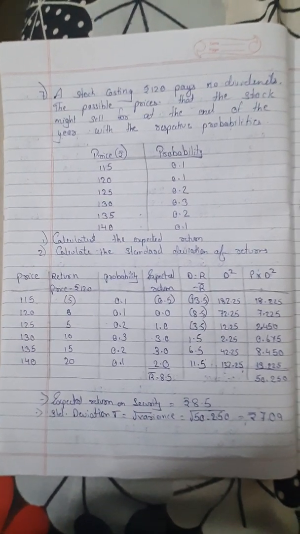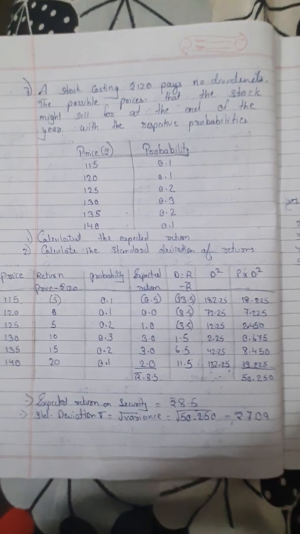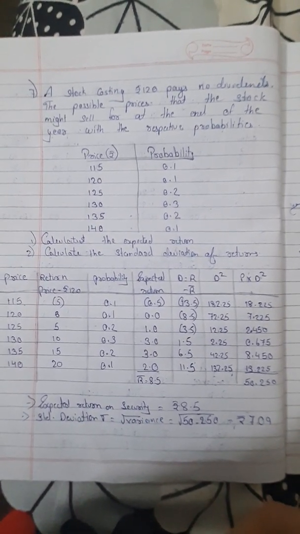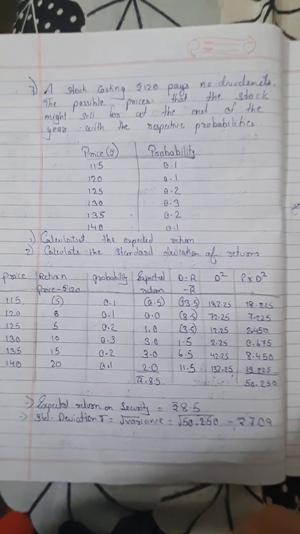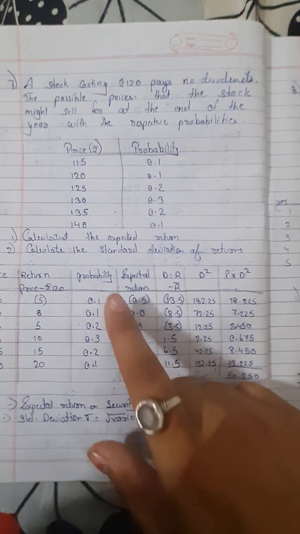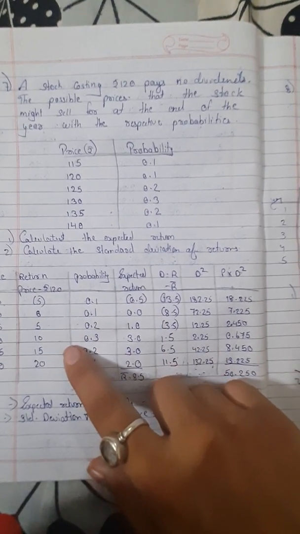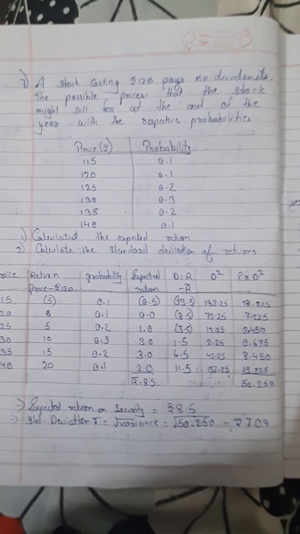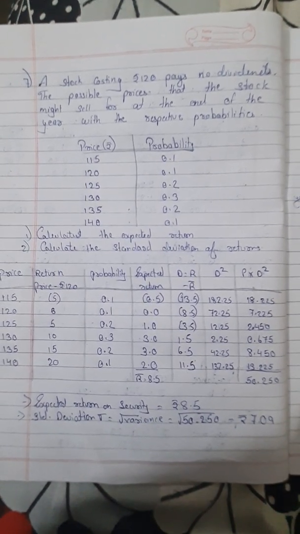Solution is, you have to make columns. First of all, price, then returns. Your returns are not given, right? So we have to find out hypothecated returns. So to find out returns, what we have to do?